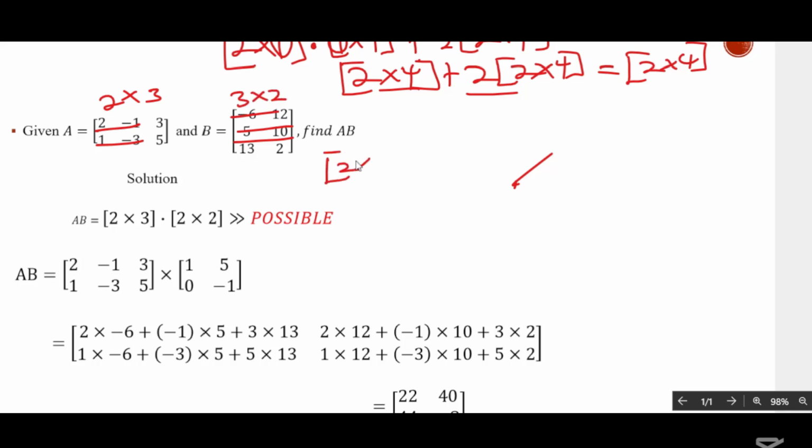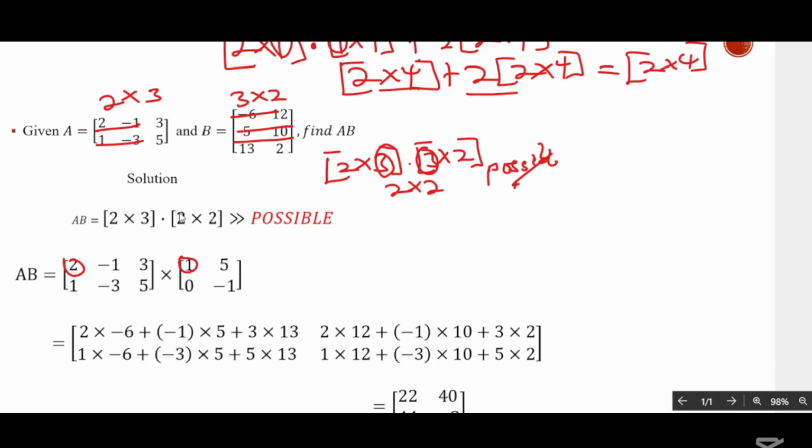So 2 by 3 dots 3 by 2. So this one are the same. So it means that the final result is going to be a 2 by 2 matrix, 2 rows, 2 columns. Now let's check and see. It means that this one is possible to be multiplied, and that is great. So now let's check. We take this one, use it to multiply this. You get it? So here we are going to have 2.